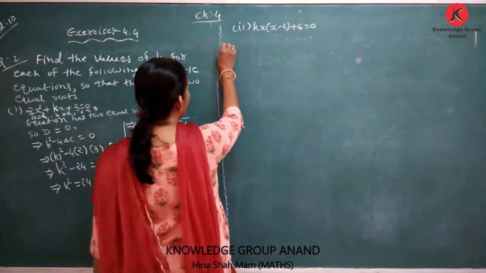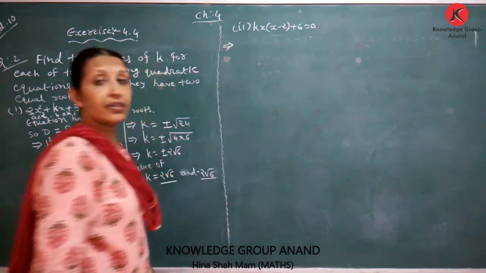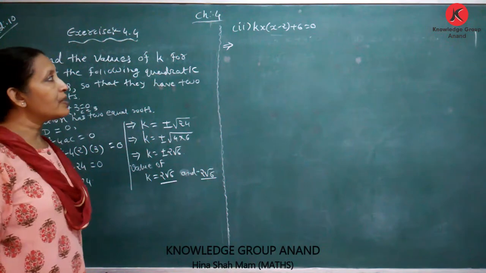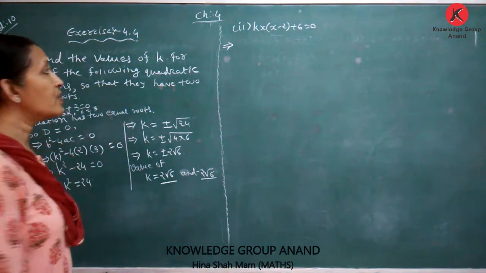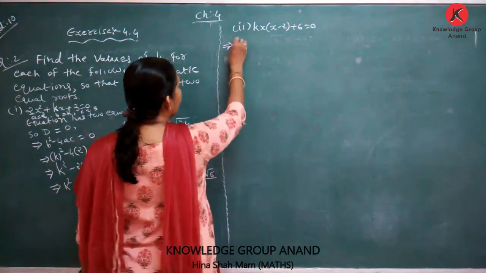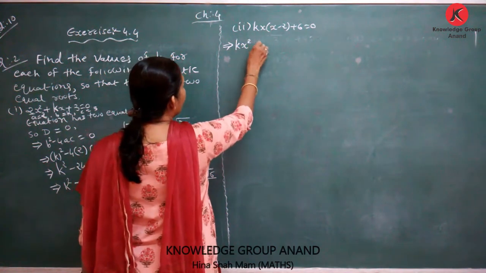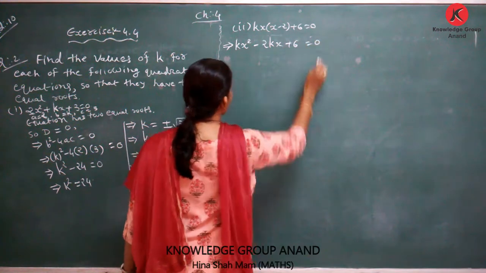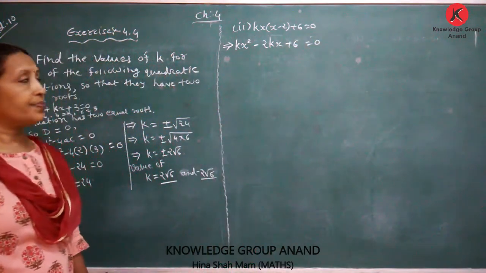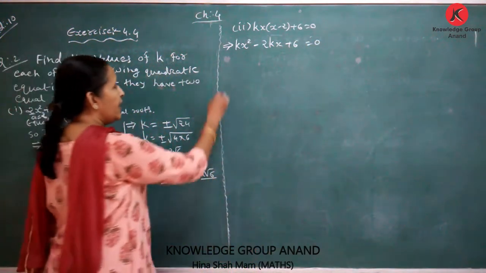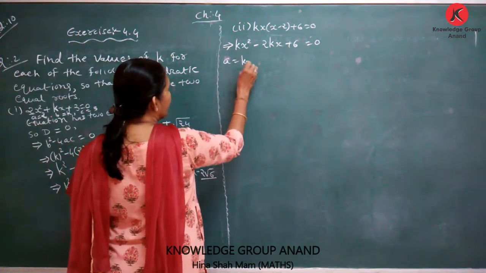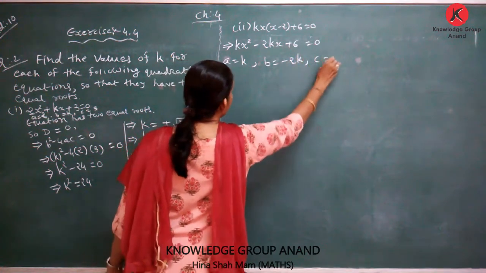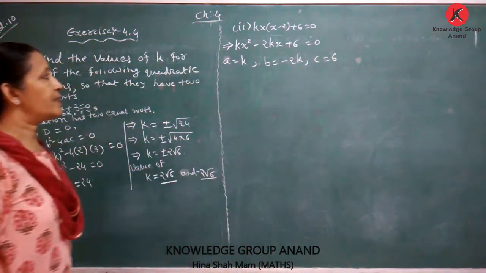First, simplify this equation. Number two: kx into x minus 2 plus 6 is equal to 0. Multiply: kx square minus 2kx plus 6 is equal to 0. What is the value of a? a equals k, b equals minus 2k and c equals 6.